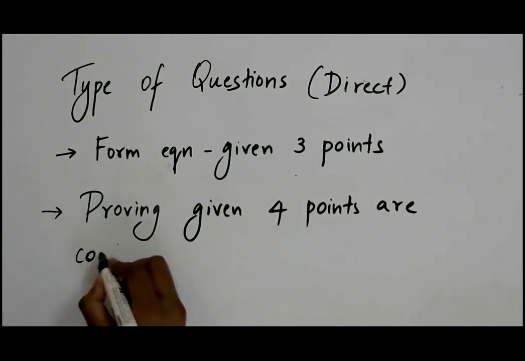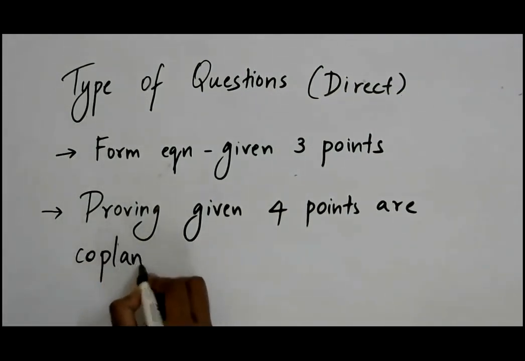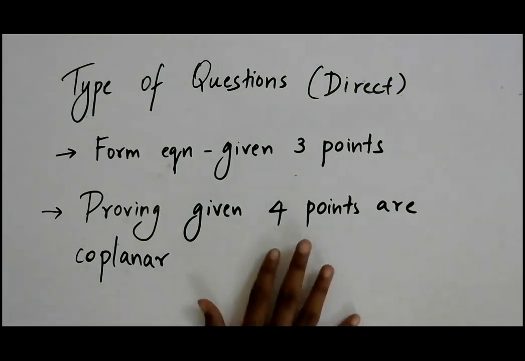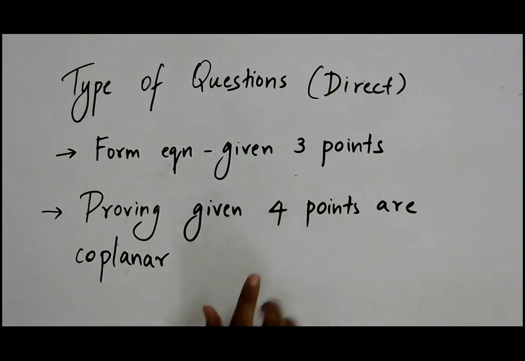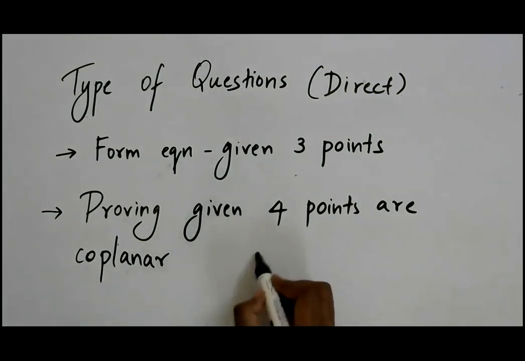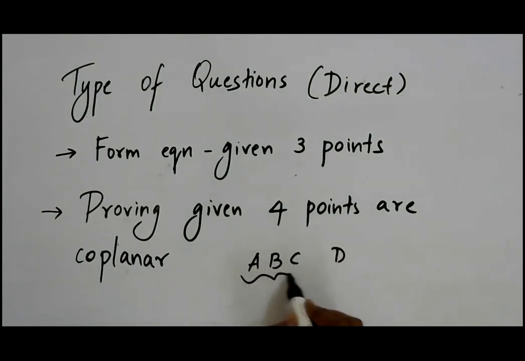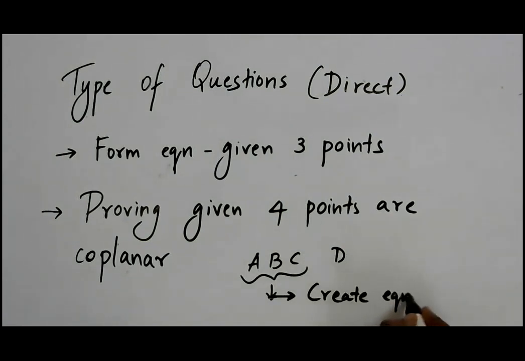When I say coplanar, that means all 4 points lie in the same plane. For that, it's quite easy, just 2 steps. If there are points A, B, C, and D, you first create the equation of the plane using these 3 points A, B, and C. So you would have an equation of the given plane.